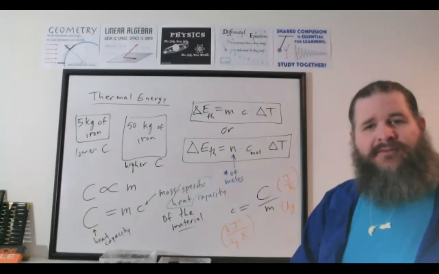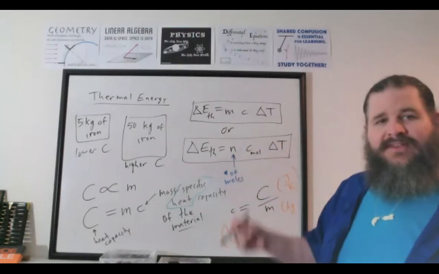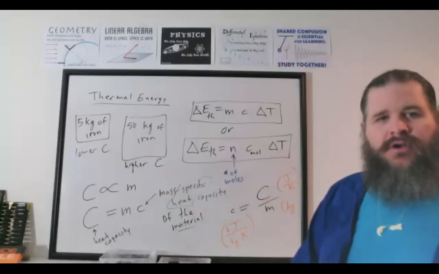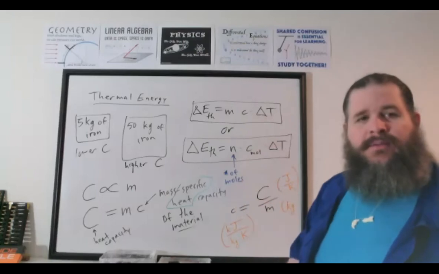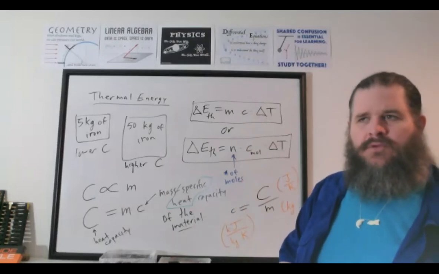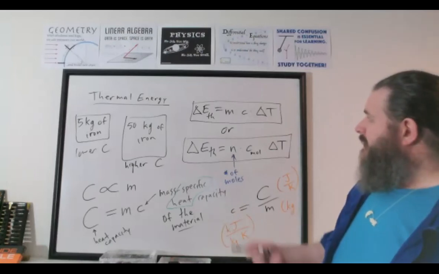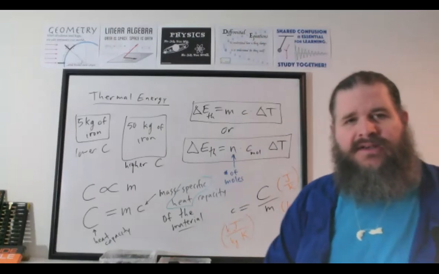So this is another way of writing out delta E thermal. Number of moles times the molar specific heat times the delta temperature. And in the data table, these are usually both going to be listed. You look up a material, iron or water or oxygen or whatever, it's probably going to list a mass specific heat capacity and a molar specific heat capacity.